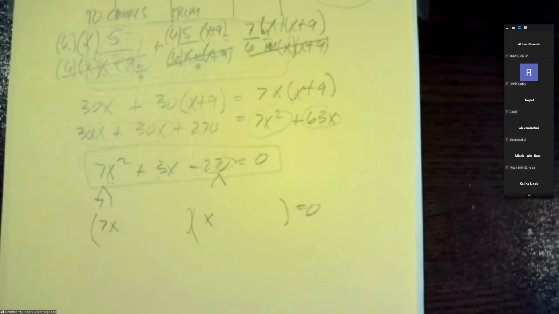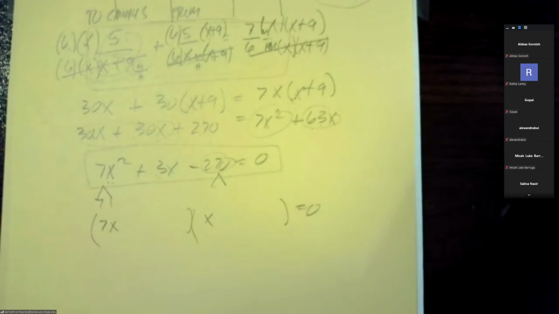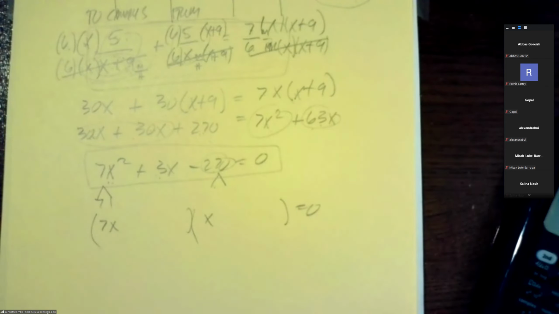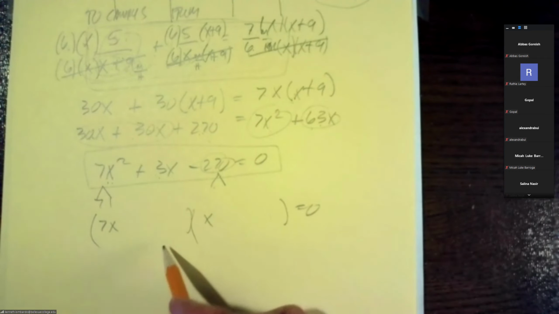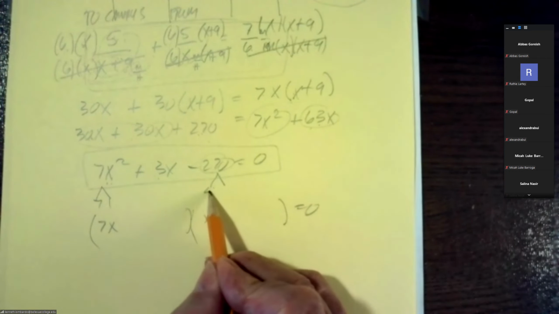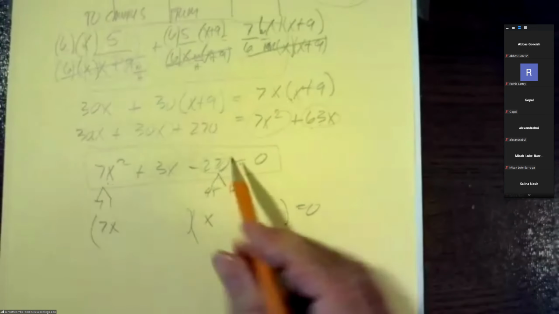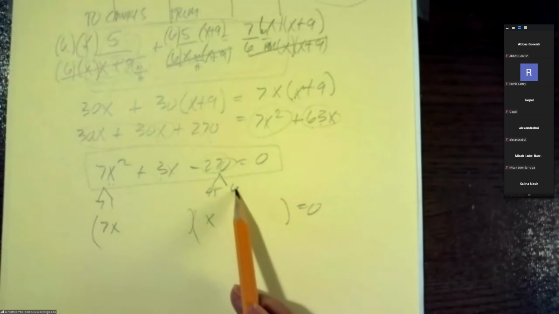Let me get my calculator out. Yeah, there's lots of different factors, but 45 and 6 does work.